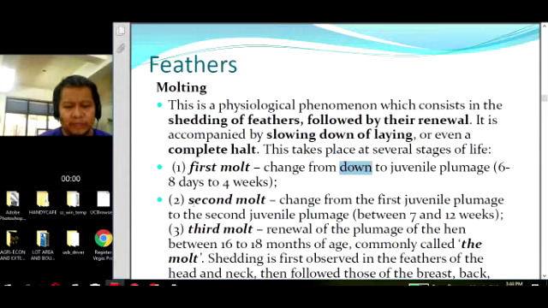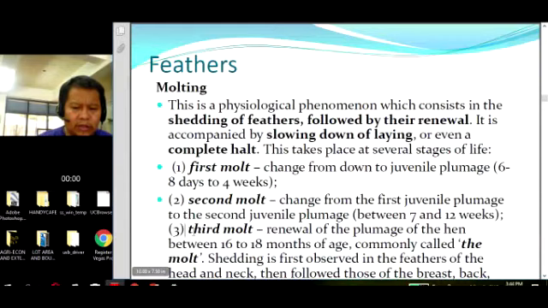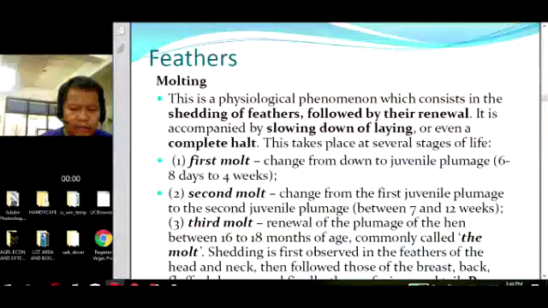This is the first molting stage of the molting process. Then we have the second molt, change from the first juvenile plumage to the second juvenile plumage. It happens between 7 and 12 weeks. Okay. Then we have the third molt, the renewal of the plumage of the hen between 16 to 18 months of age, commonly called the molt.